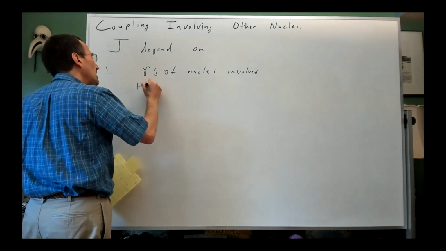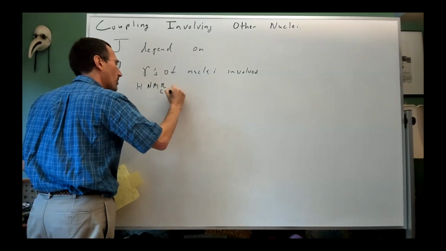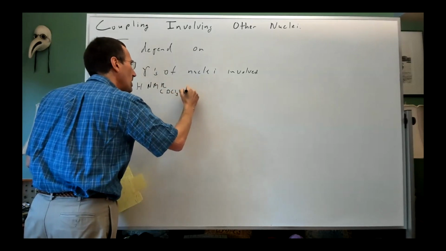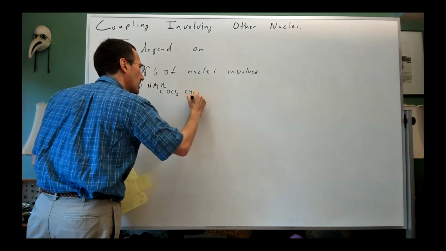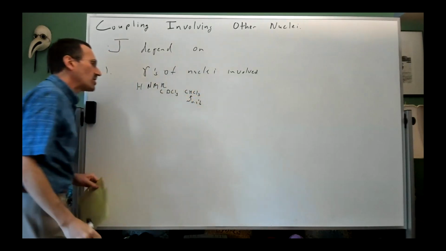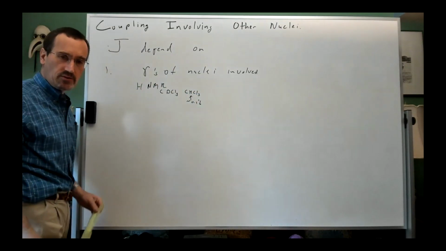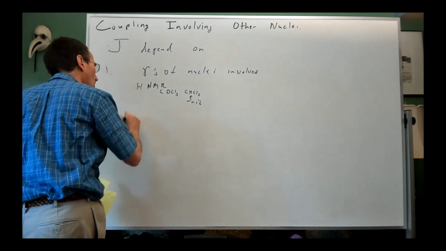So if you look at the H1 NMR spectrum of CDCl3, there's always a little bit of CHCl3 in it, for example, about 0.1%. So whenever you see a proton NMR spectrum in CDCl3, you'll see a protiochloroform peak.